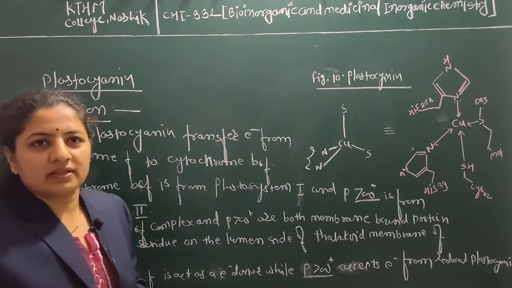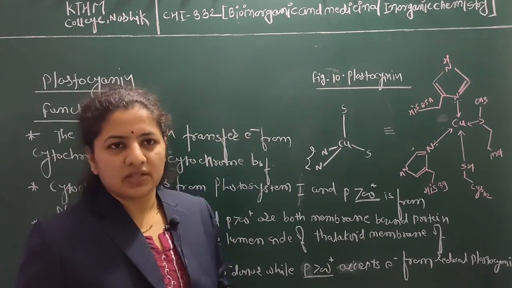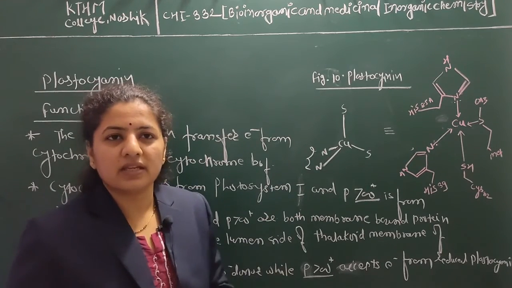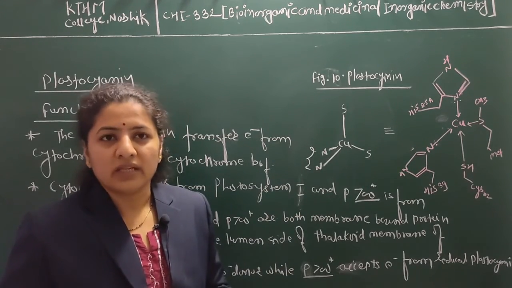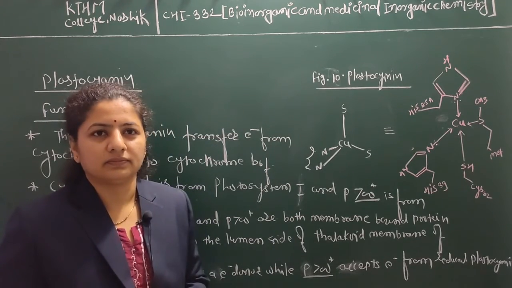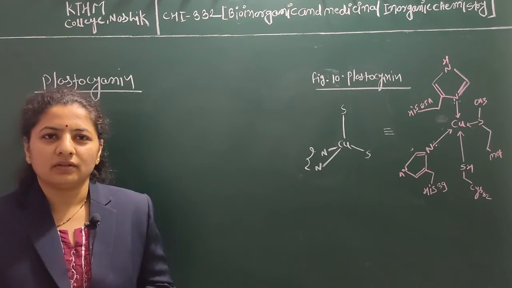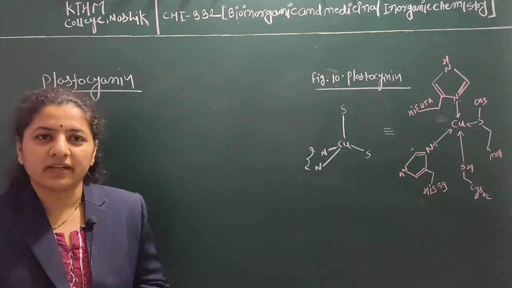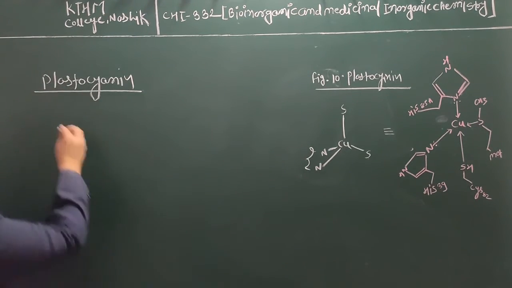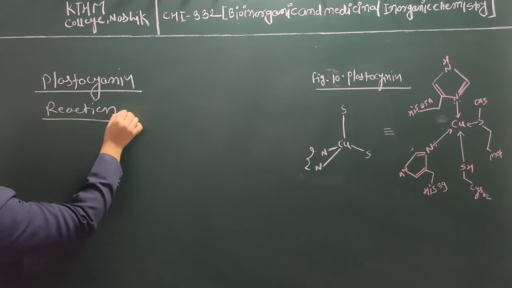Now let's discuss the main reactions of plastocyanin. These reactions are similar to its functions, as we know that plastocyanin is an electron transfer protein in plants. So in the reaction, we discuss the exact reaction of this plastocyanin.